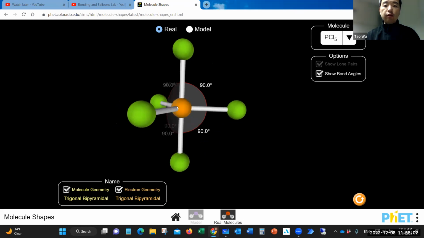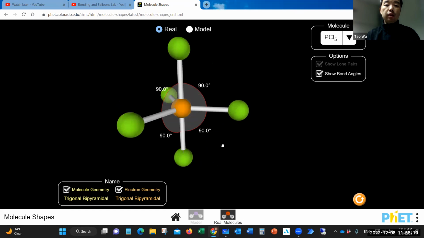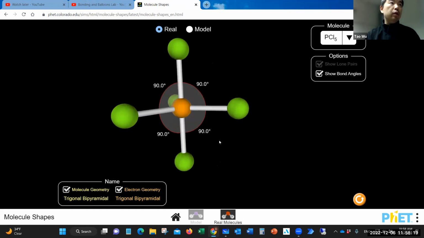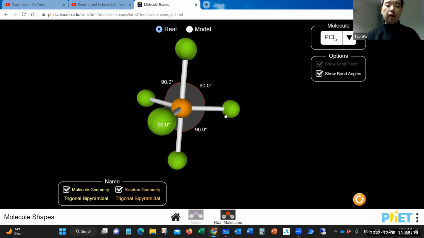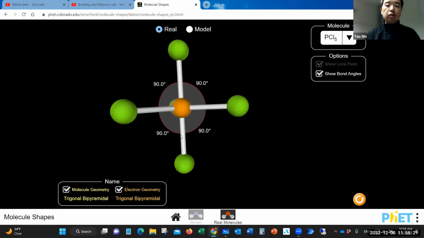You will see phosphorus is in the center, and it has 5 chlorines on the side. If you look at the bond angles, there's a lot of combinations. They have a 90 degree angle, and if you count this angle and this angle, 90 plus 90, we have 180 degrees.